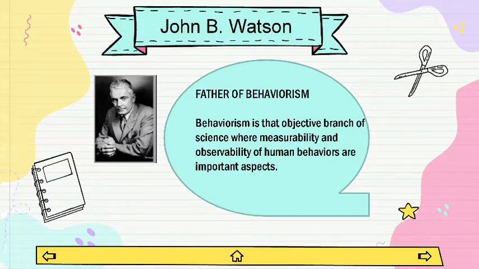In this paper, he outlined behaviorism as an objective branch of science. He clearly states that it is not scientific for psychologists to study unobservable phenomena; rather, measurability and observability of human behaviors are more important. Now, this concept of behaviorism is very helpful when we take it as a source of learning.